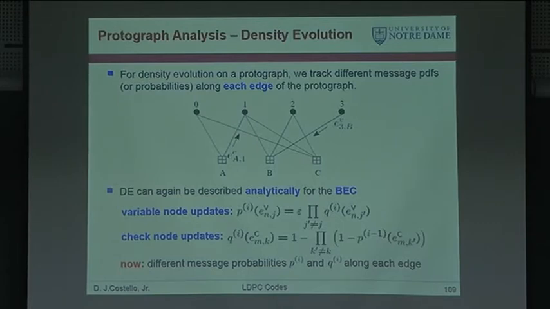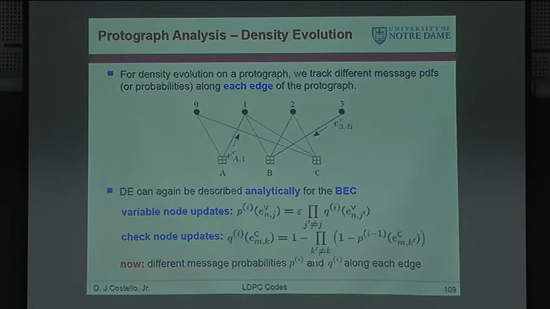So this is just illustrating that you can do density evolution on a small graph like this. It can be described analytically for a binary erasure channel. If you're looking carefully at this, you may be confused because the notation here is not the same.